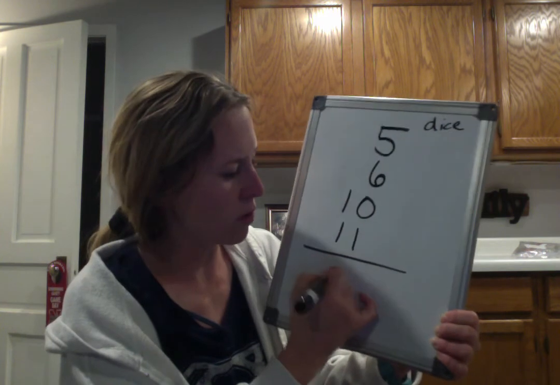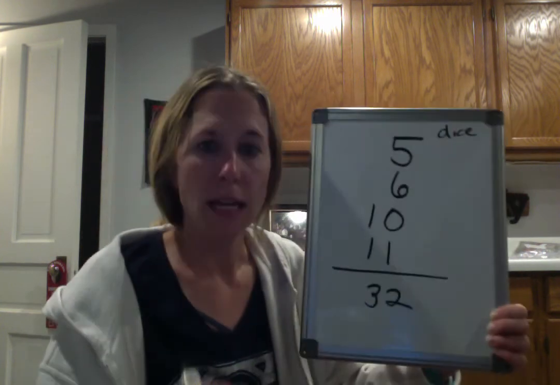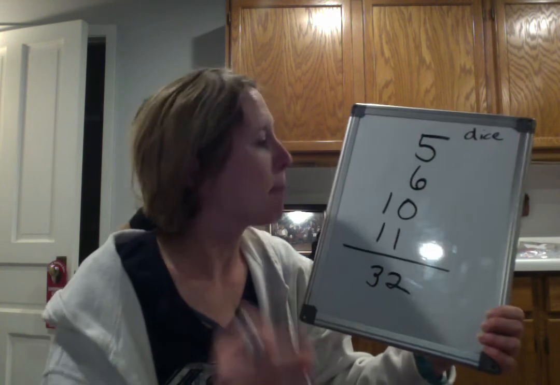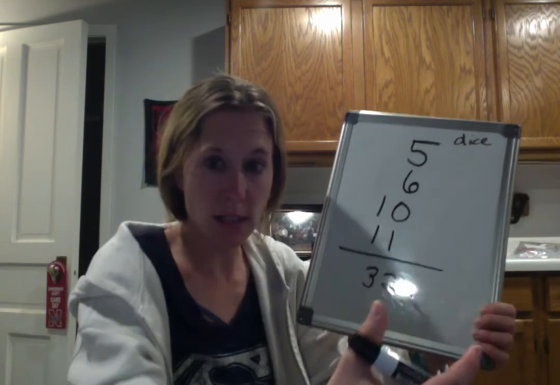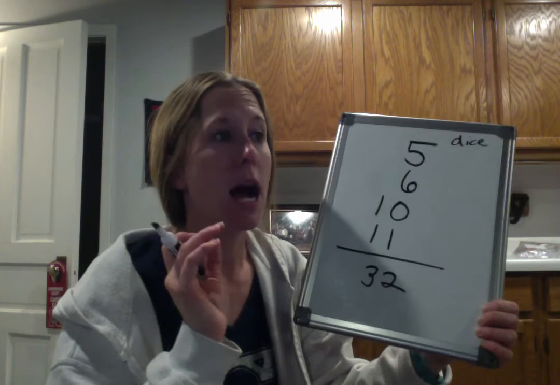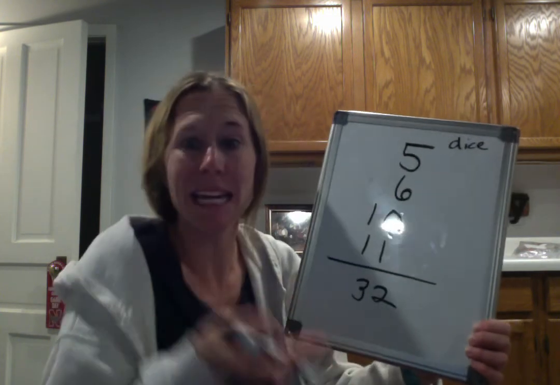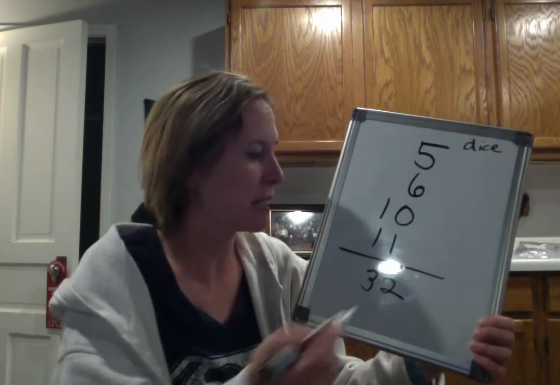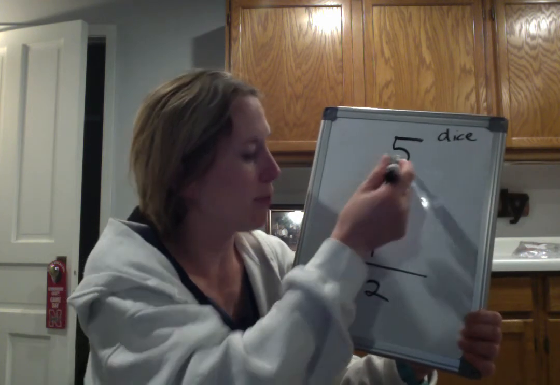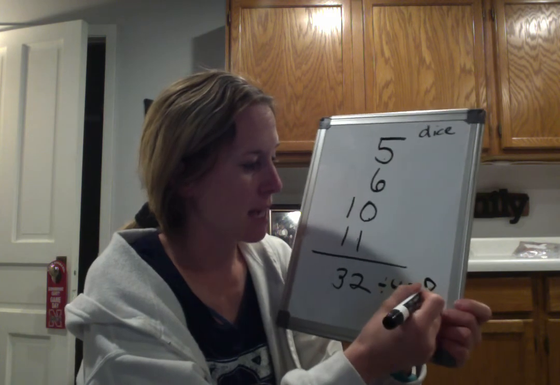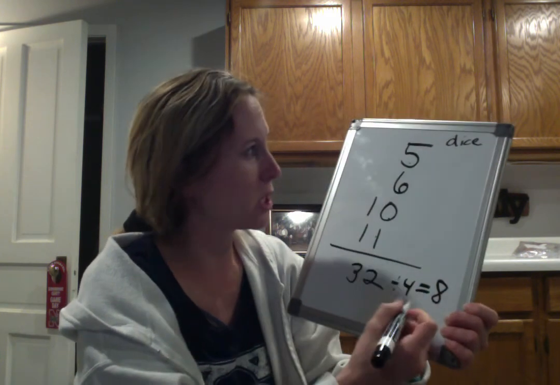So my total is 32. Now, how many rolls did I do? You have to divide it by however many chances there are, or how many groups there are, or how many games, or how many spelling tests. 1, 2, 3, 4. So 32 divided by 4 is 8, because 8 times 4 is 32.